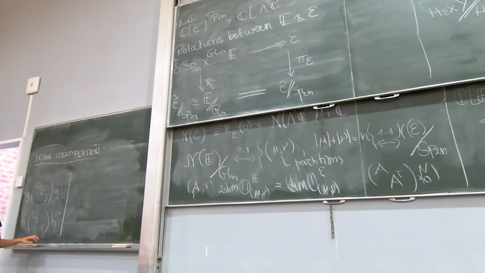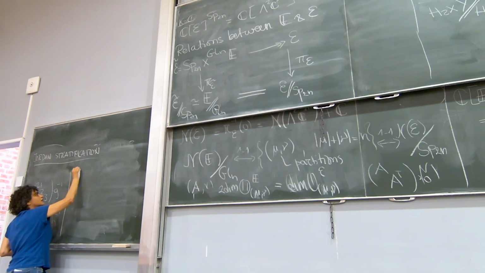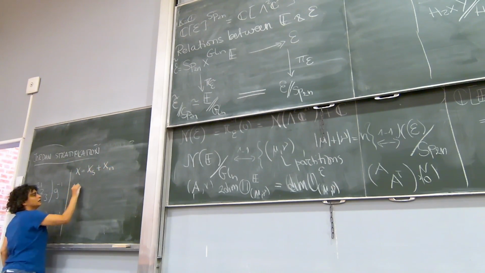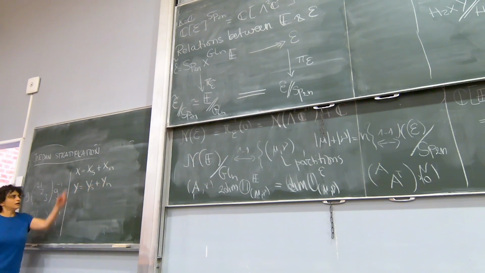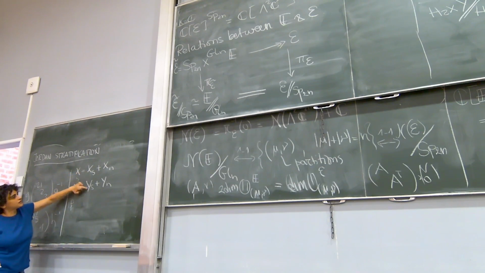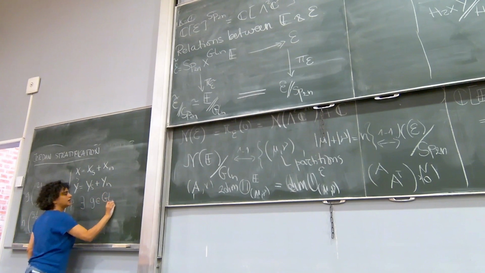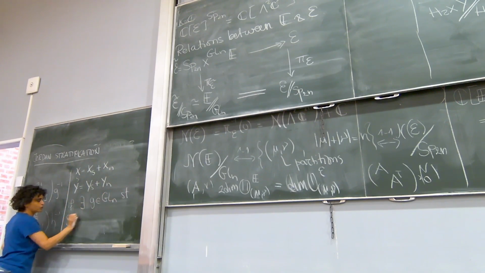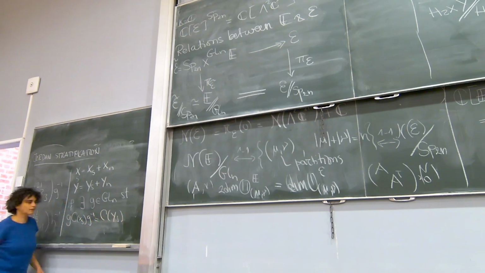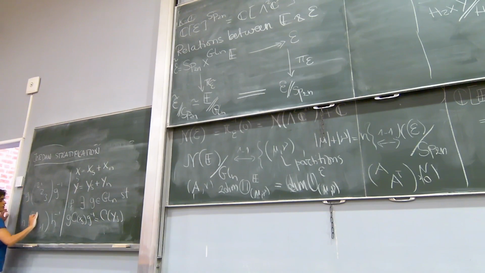So let us now give the formal definition. If I have two matrices, X will have a semi-simple part, so a diagonalizable part, and a nilpotent part, and Y, another matrix, will also have a semi-simple part and a nilpotent part, and I say that they are equivalent if the centralizers of XS and YS are conjugate, so if there exists a G in GLN such that G times the centralizer of XS times G inverse is the centralizer of YS, and the centralizer is precisely giving me the algebraic multiplicity.